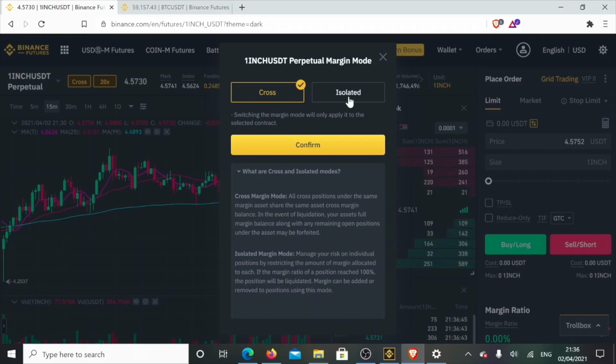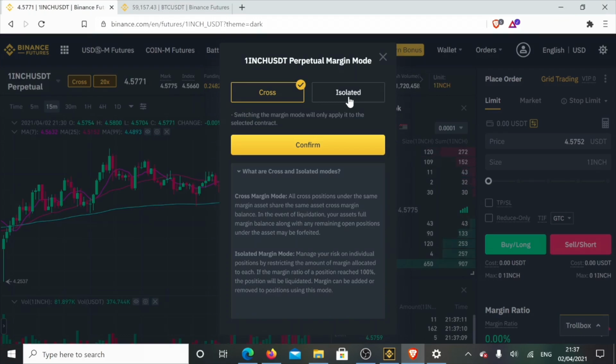Let's say you have $1,000 as your starting balance, and you open 3 trades. These 3 trades will share this $1,000. So if one trade is going perfectly and some other trades are not going well, the trade which is going well will in a way compensate for the one that is not going your way.